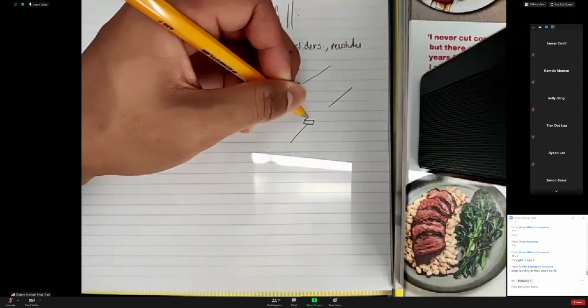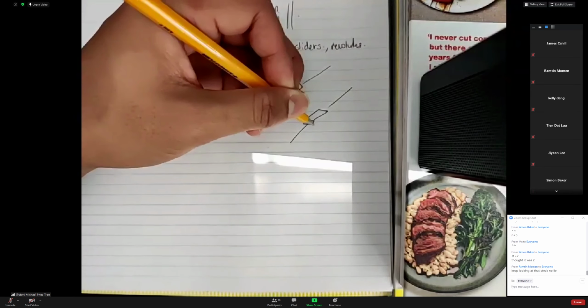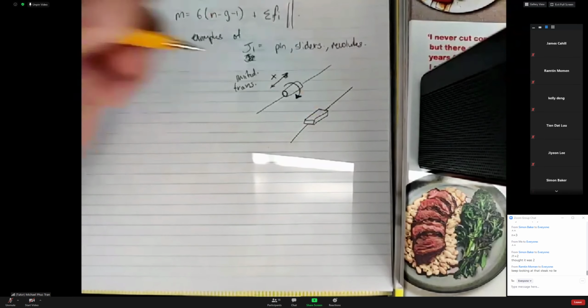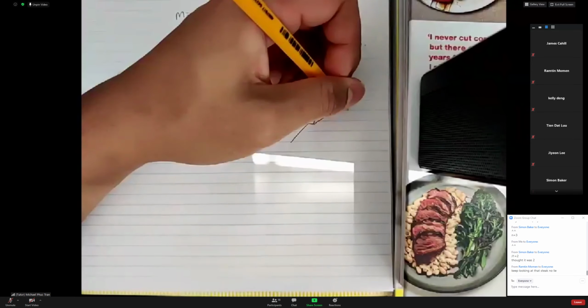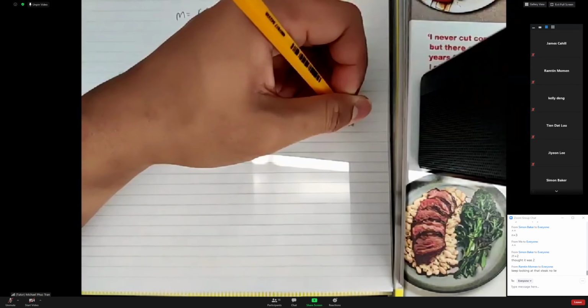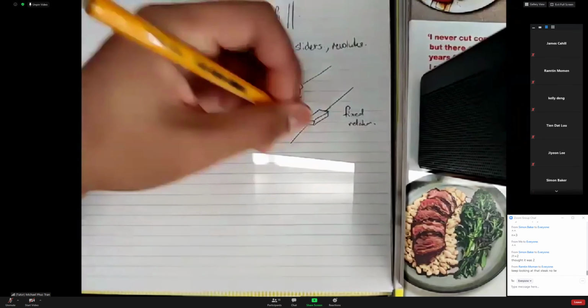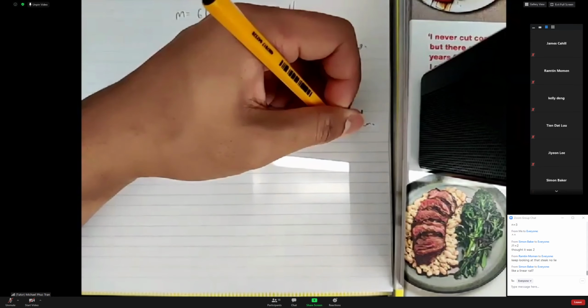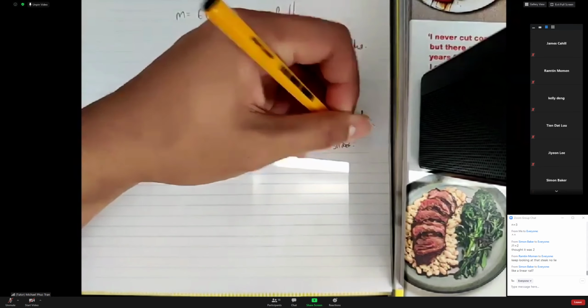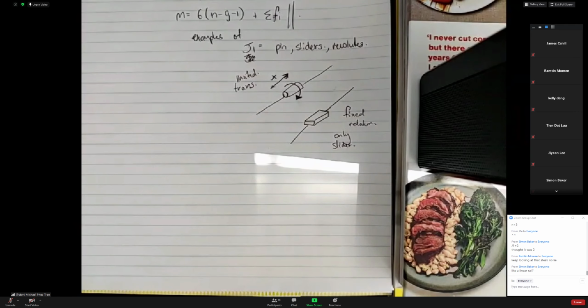Or another one in the 3D space would be if you had that and it's fixed rotation, only slider. Yeah, linear rail is a good one.